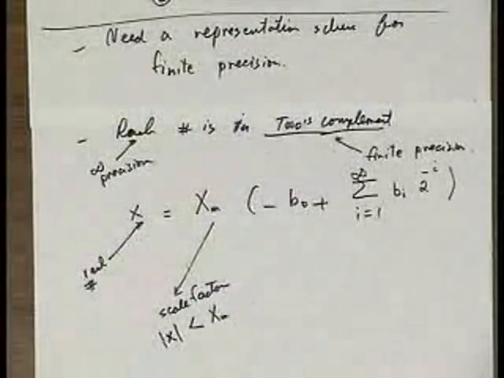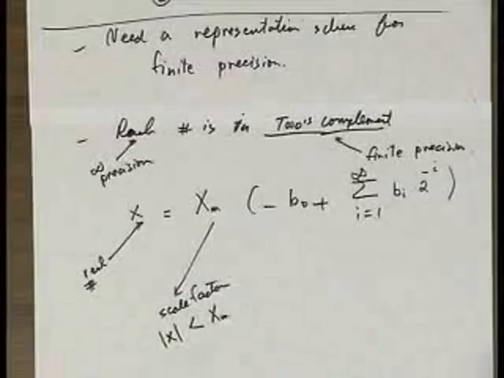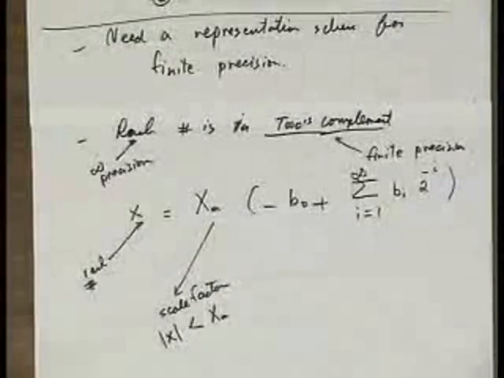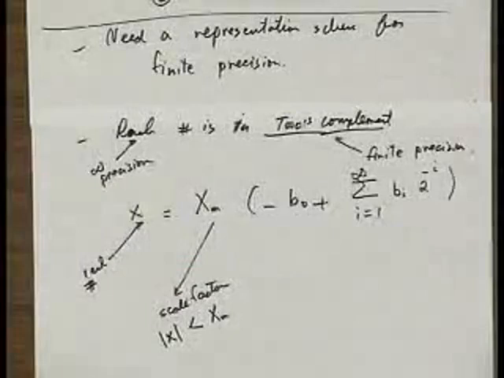Let's say you've done your analysis and you're designing a filter and you know what the amplitude of your signals is and you know what the coefficients are doing, and you decide that no number is going to exceed, I don't know, 16,000. Okay? And why is it important to have this scaling factor? Why is it important to know what the largest number is you're going to have in your system?